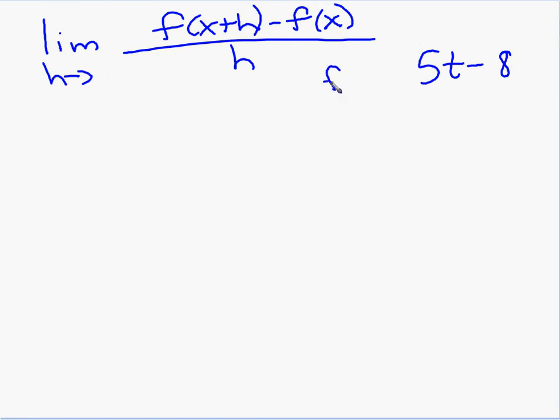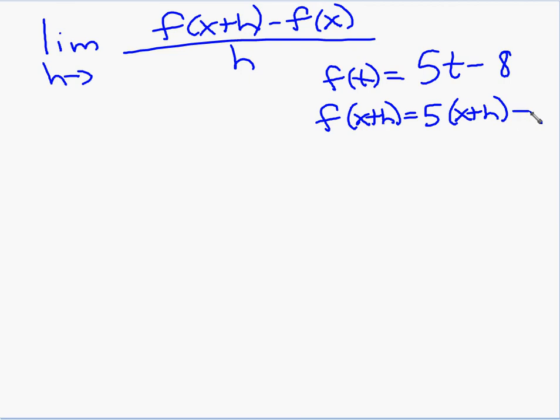Okay, that is my function. So if I wanted to find f of x plus h, then I just have 5 times the quantity x plus h minus 8. This one's a lot easier. I just do the distributive property, and I have 5x plus 5h minus 8. So that is going to go right here.